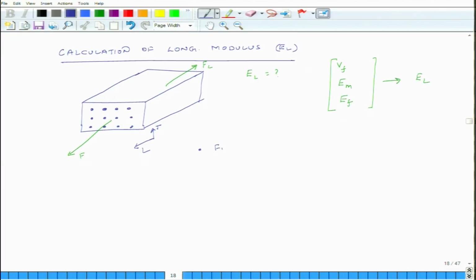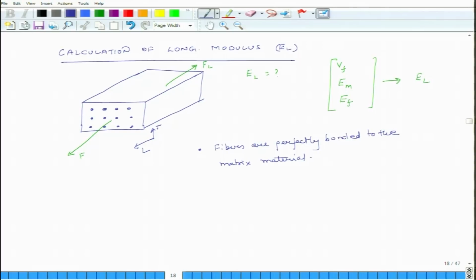So, I assume that fibers are perfectly bonded to the matrix material. This is the first thing we assume, that fibers are perfectly bonded to the matrix material.